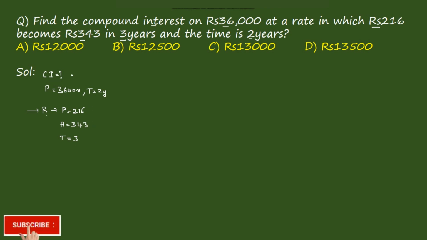Here we have to find the compound interest. We know that compound interest is equal to amount minus principal, right? So to find the amount value, we have to know the rate value. So the rate we have to find from this particular value.